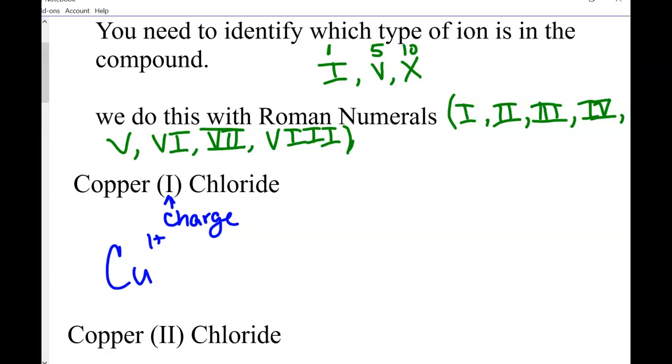Now, what would the charge on a chloride ion be? So find chlorine on the periodic table. How many valence electrons does chlorine have? That's right, it has 7. So when chlorine forms an ion, a chloride ion, it's going to form an ion by gaining 1 electron.